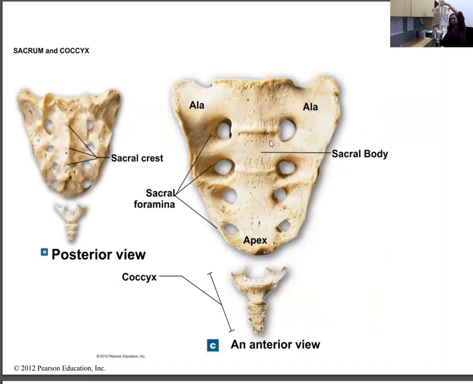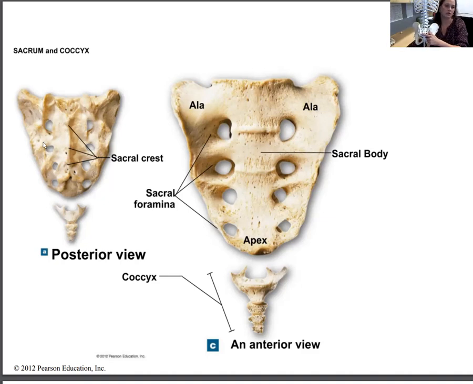These vertebrae up here in the neck would be your cervical vertebrae. These vertebrae here by the ribs are going to be your thoracic vertebrae. These vertebrae here in the curve, those are your lumbar vertebrae. And your lumbar vertebrae sit on this bone right here. That bone is called the sacrum.